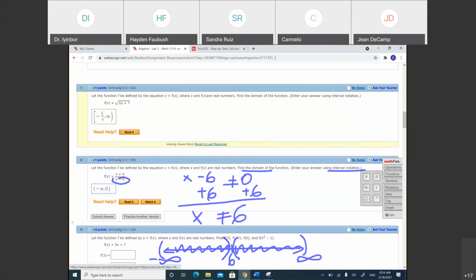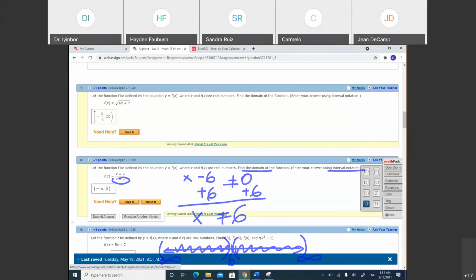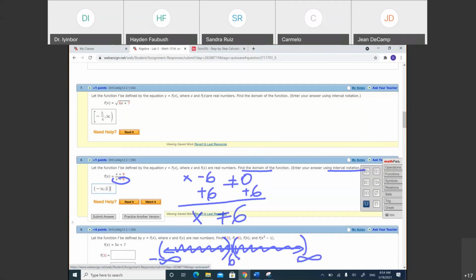When I go to sets, this is the union symbol. Everybody see that union symbol? It's like a U shape, but it's in sets. Okay? And then you have parentheses again, 6, comma, and I need to go to symbols to put the infinity symbol and then close it. Okay?